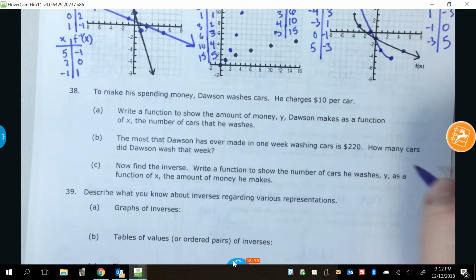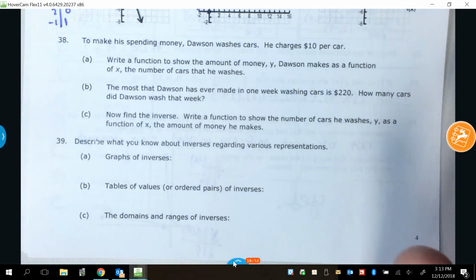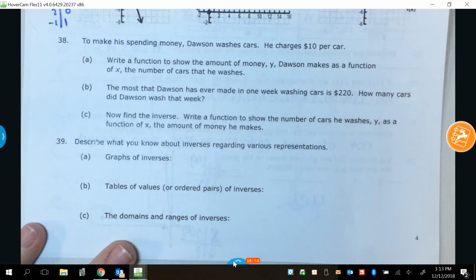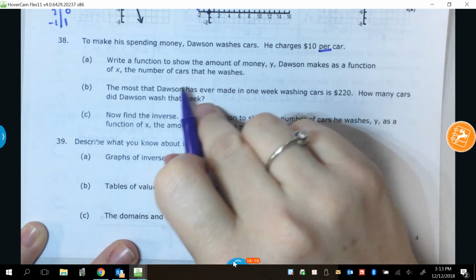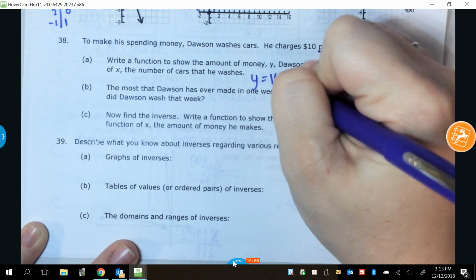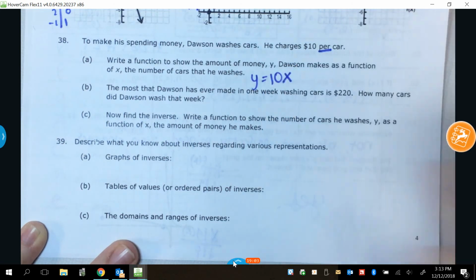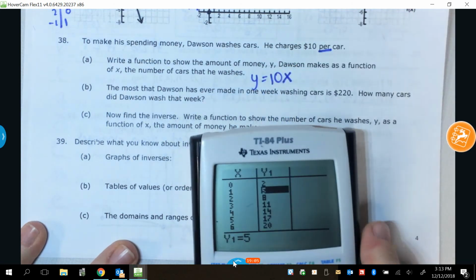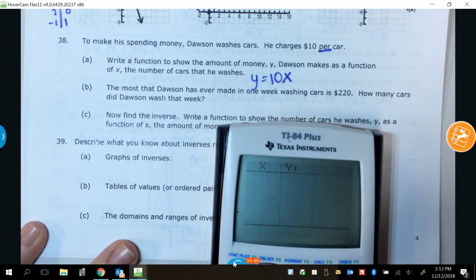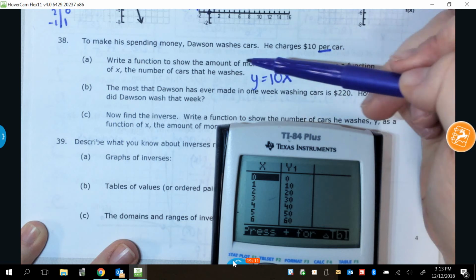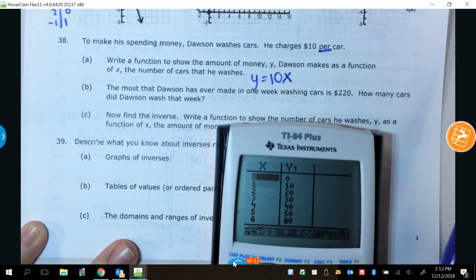Okay. To make his spending money, Dawson washes cars. He charges $10 per car. So y is the money, x is the number of cars, so y equals 10x, because he didn't have a starting point. Then it says to figure out how many he washed for $220. Well, money is my y, so we're looking in the y column for 220.